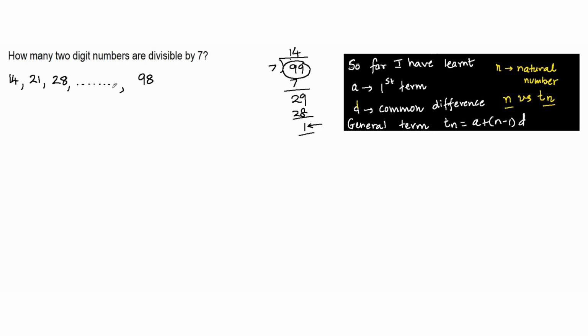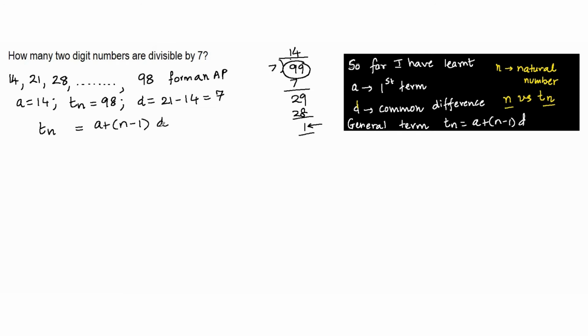So this forms an AP in which the first number is 14. So a is equal to 14. And the last number, that is the nth term, is 98. And the common difference is 21 minus 14, which is equal to 7, right? So I know that Tn is given by a plus n minus 1 times d.